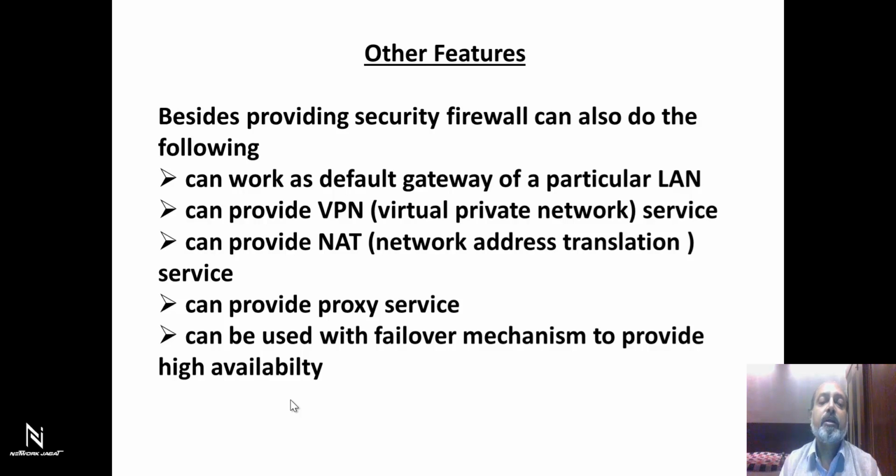This is called high availability, where our system is available 24/7, and we will also learn in our video tutorials how to configure this failover mechanism using our ASA firewalls.